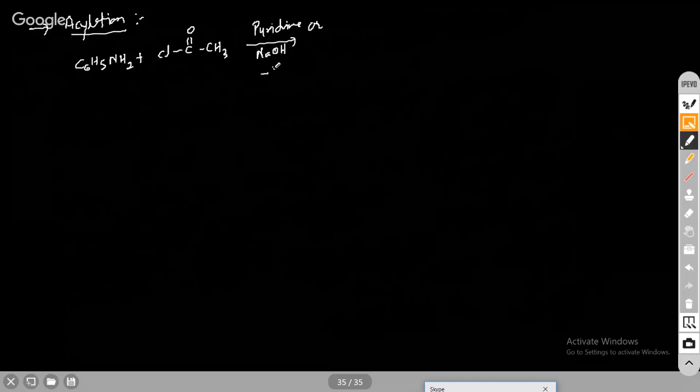Again HCl goes out in this same reaction. Here you see HCl goes out and we'll get C6H5NH C double bond O CH3, N-phenyl acetamide. Correct? N-phenyl acetamide.